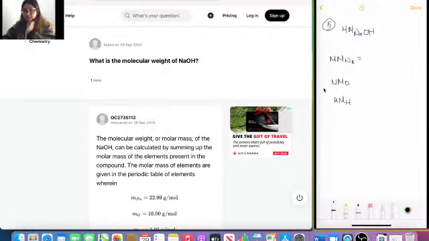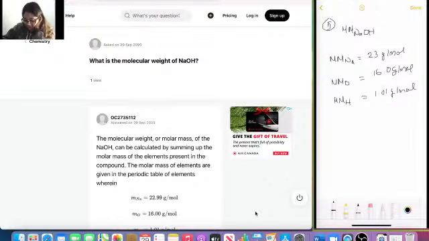And so the molar mass of 1 mole of sodium, 1 atom of sodium, is basically 23 grams per mole, if you round the number. And oxygen is 16. And hydrogen is 1.01 grams per mole.